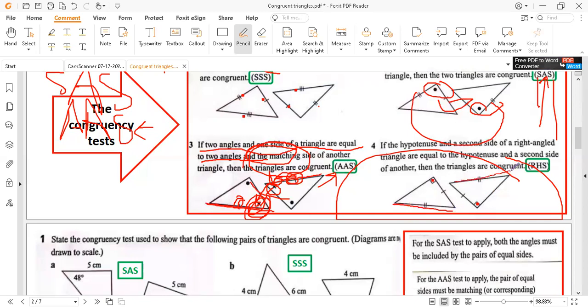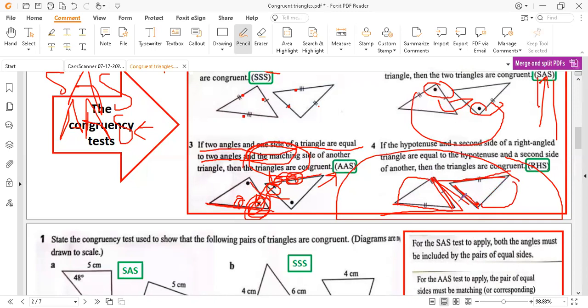If we guarantee that both hypotenuses are equal, and one of the other sides is equal, for example, the smallest here equal to the smallest here, then because the Pythagorean theorem guarantees for us that if two sides are equal in a right triangle, for sure the third one is equal.